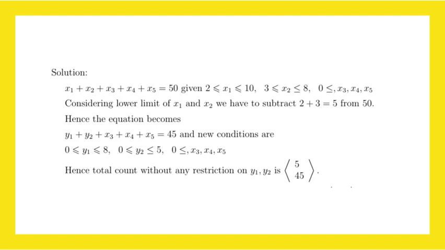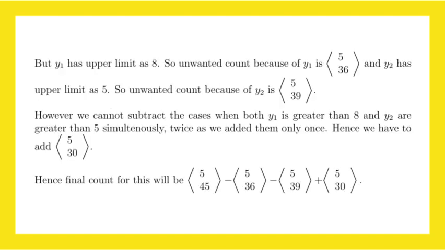Correct? So the total count without any restrictions on y1, y2, that means y1 and y2 start from 0, will be 5 elbow 45. Then because y1 has an upper limit 8, we have to subtract 9 from 45, and unwanted cases because of y1 will be 5 elbow 36, and because the upper limit of y2 is 5, we have to subtract 6 from 45.